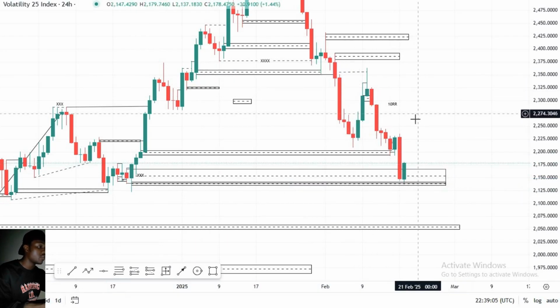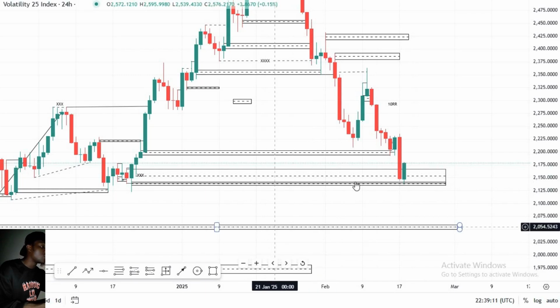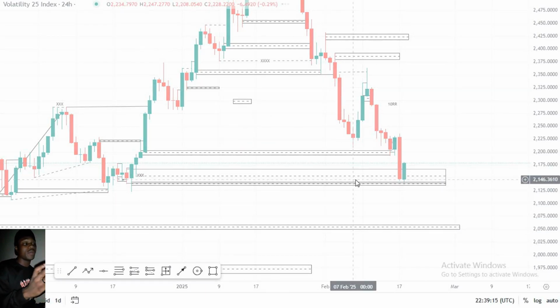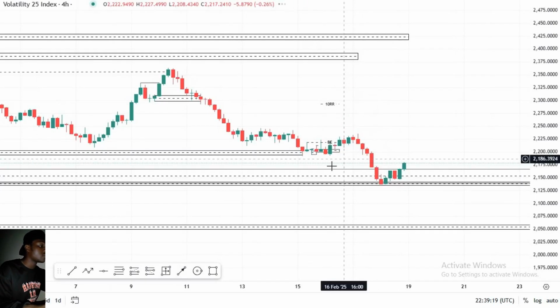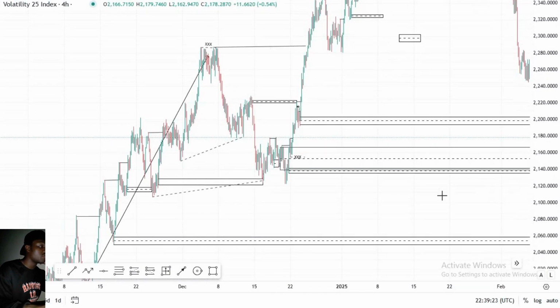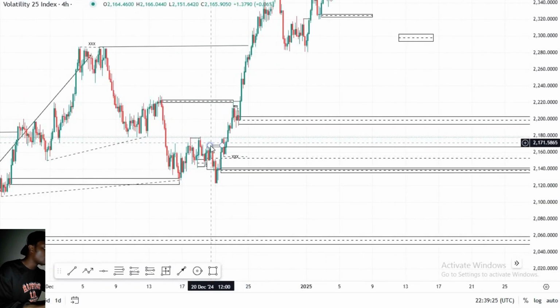It's a refined area of demand on the lower time frame, but this is the actual 1 hour level of demand. When the market reached that area, I went to the 4 hours to refine my daily level of demand. As you can see, this is the level of demand on the daily. We have two levels of demand.